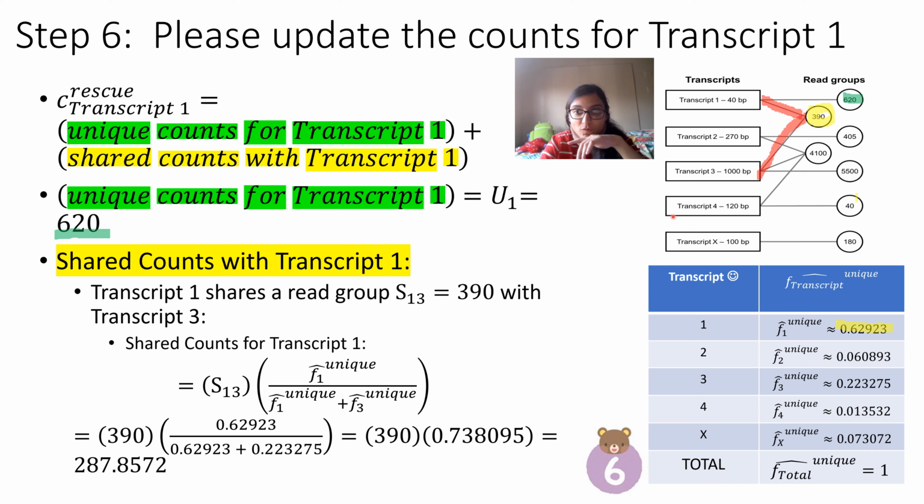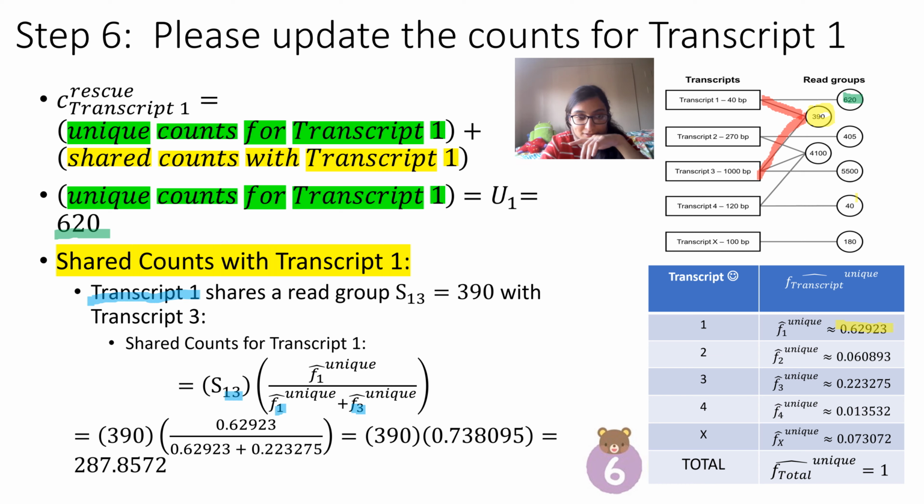So what transcript 1 will get out of this will be S13, the 390 value, and then we take transcript 1's relative unique abundance, which is 0.62923, and divide it by the relative abundances of transcripts 1 and 3, whatever is involved. That's what we care about.